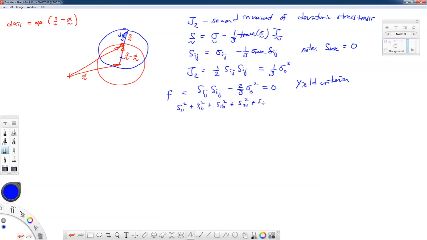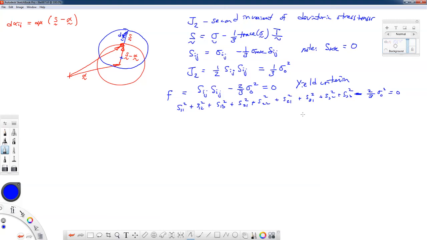Now I am writing this as if it is fully non-symmetric, and I think that's the best way to deal with this because of the partial derivatives and things. You just need to be a little bit careful. Oops, we'll go minus 2/3 sigma naught squared equals 0.